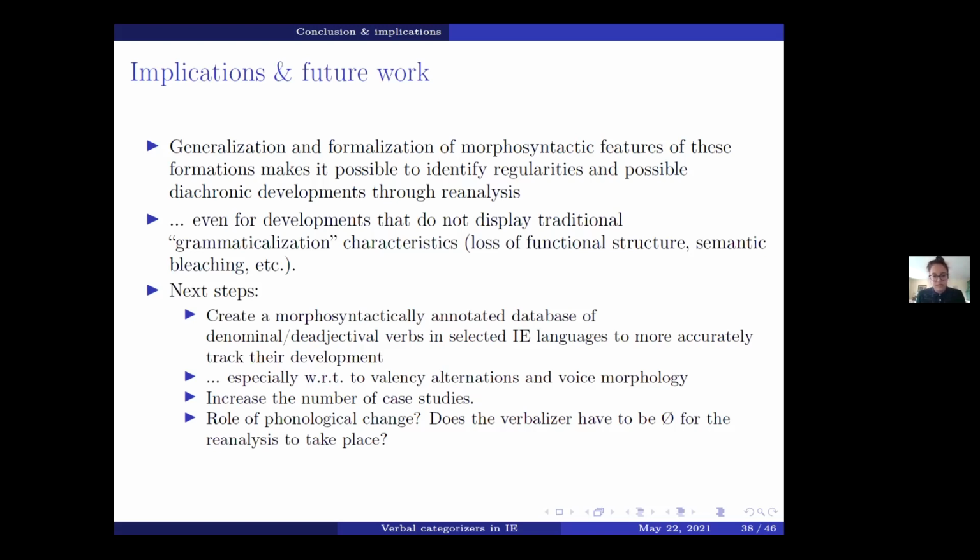So the next steps are obviously to extend the empirical groundwork for this work to create a morphosyntactically annotated database of denominal and deadjectival verbs in Indo-European languages, to increase the number of case studies and to look more closely at how valency alternations arise in these contexts and what the role of phonology is.